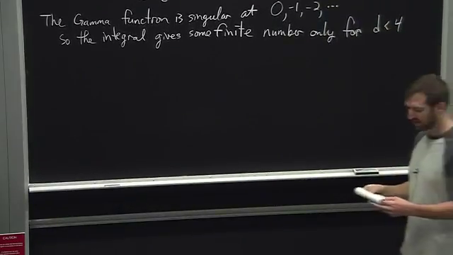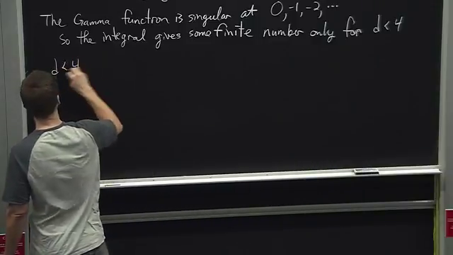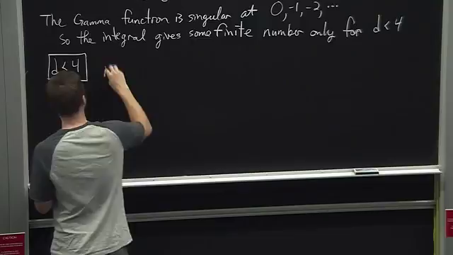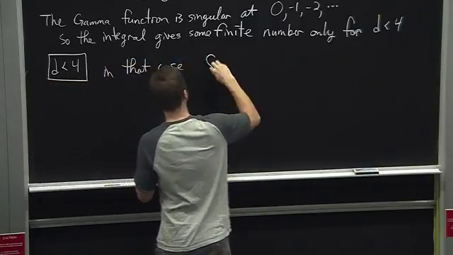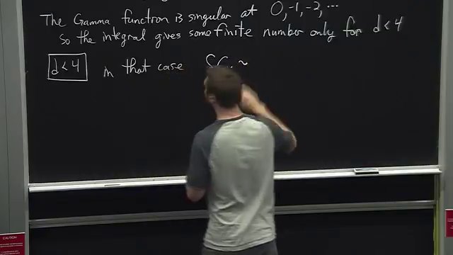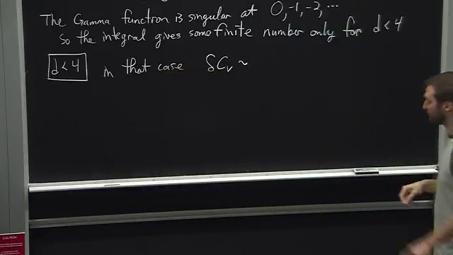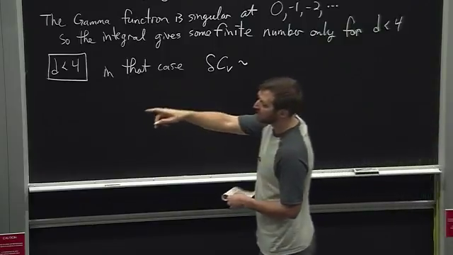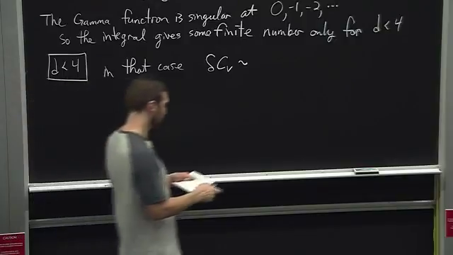So in the case when d is less than 4, the singular part of the fluctuation correction to the specific heat is dominated by this part of the prefactor here, the divergence of the correlation length.